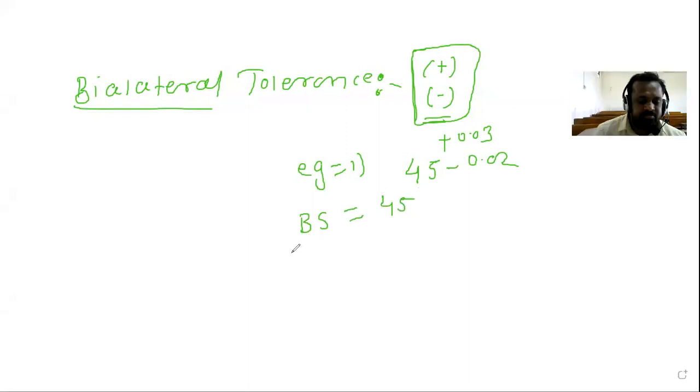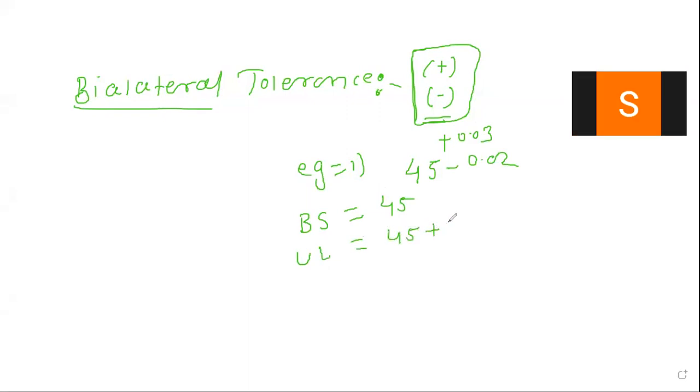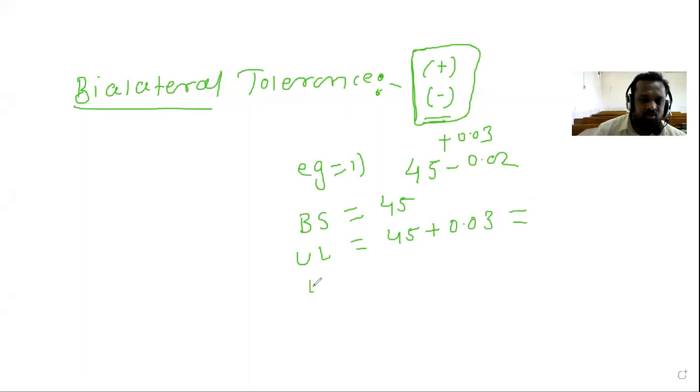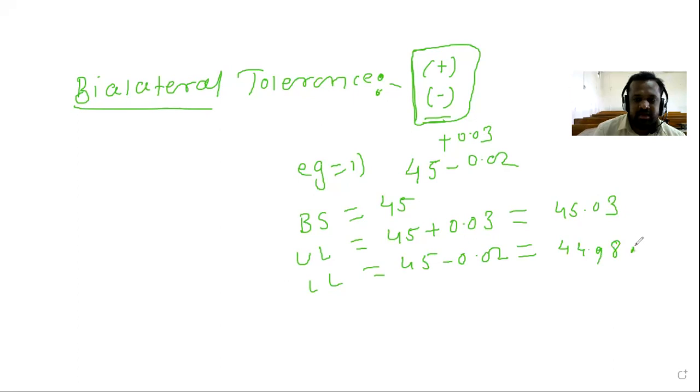Then tell me the upper limit: 45 plus 0.03, calculate and tell me, and the lower limit is 45 minus 0.02. The upper limit is 45.03 mm, and the lower limit will be 44.98 mm.